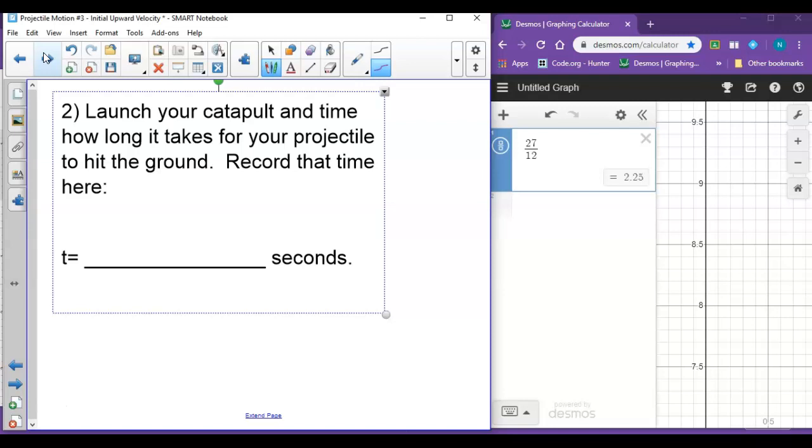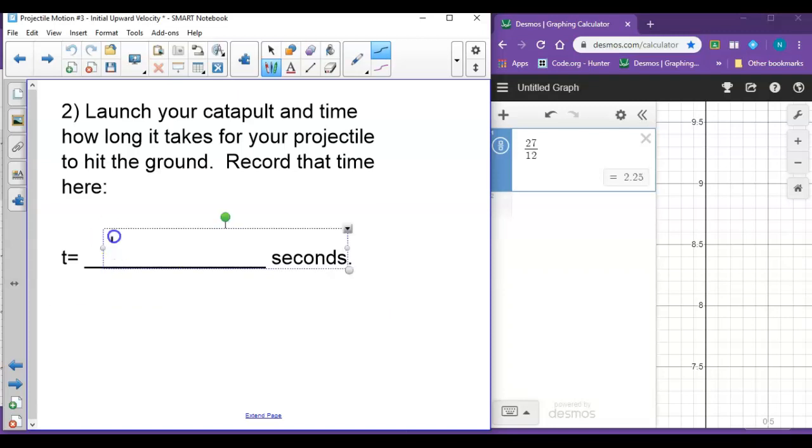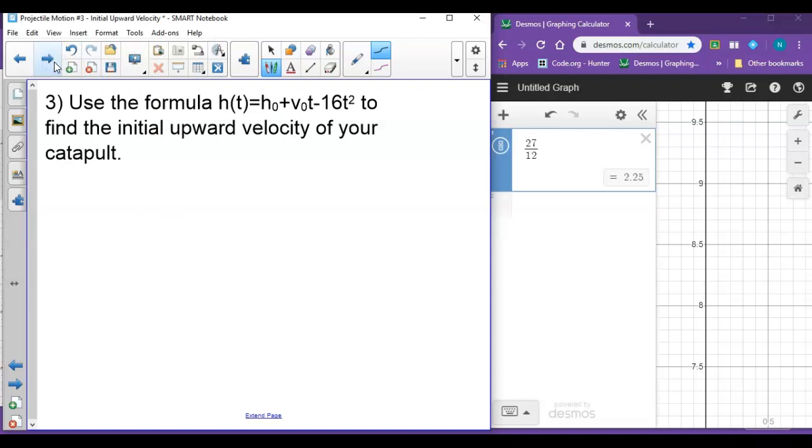I'm going to use what I have for mine, which is a rough estimate: 1.34 seconds. That's the time it takes for my pumpkin to hit the ground.